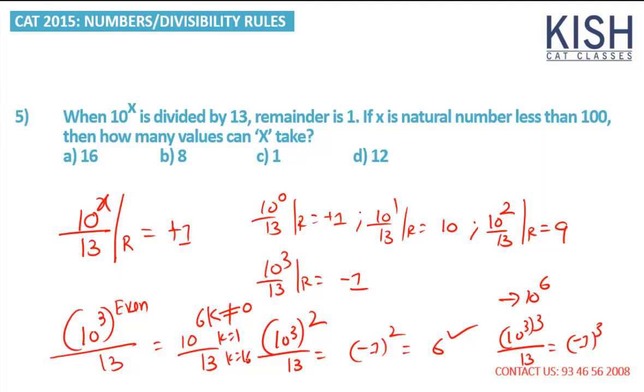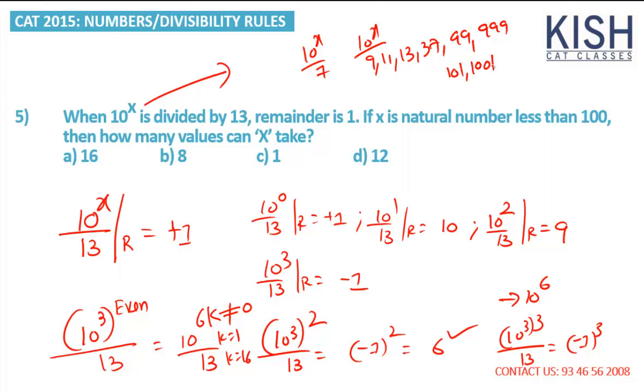That's how you need to understand the application part. Instead of trying to find the remainder, you should have a very good command over numbers given in the pattern of 10 powers. 10 power x divided by 7, 10 power x divided by 9, 11, 13, 37, 99, 999, 101, 1001.